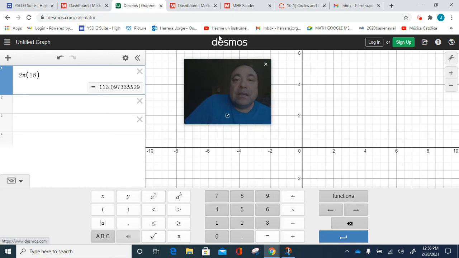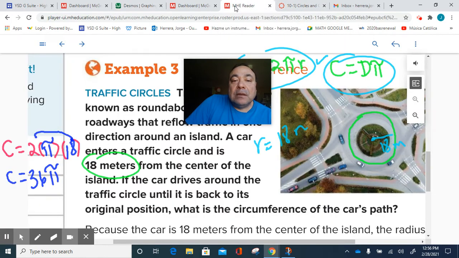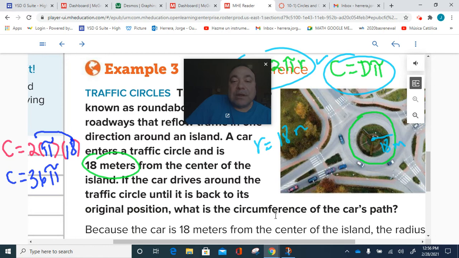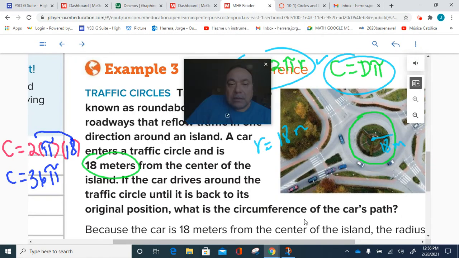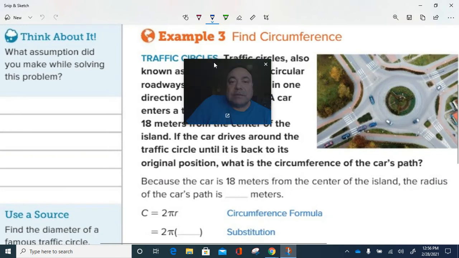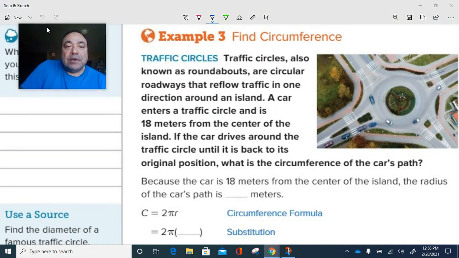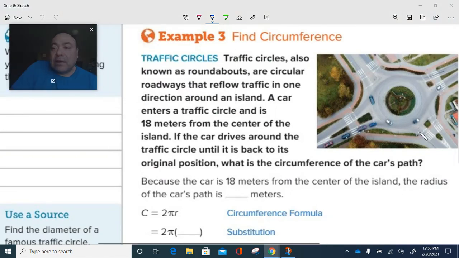So I'm going to come back over here, and I can say my circumference will be what we mentioned before, 113.1. Let me see how they want the answer. We want to go step by step.